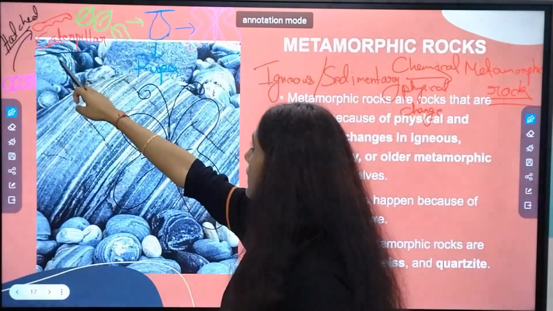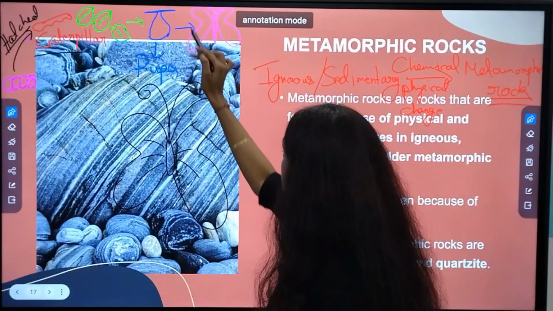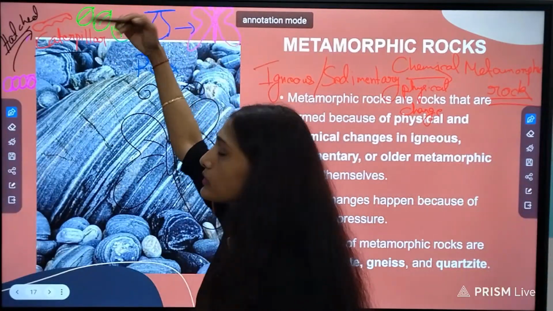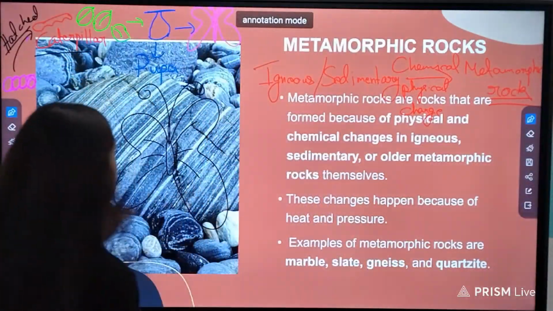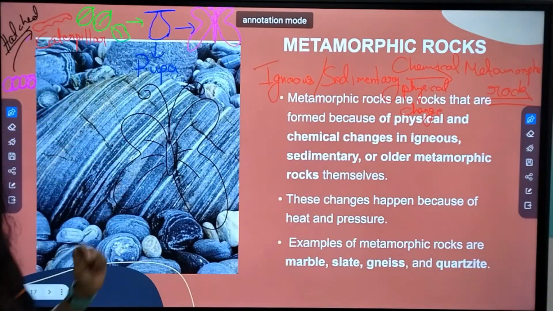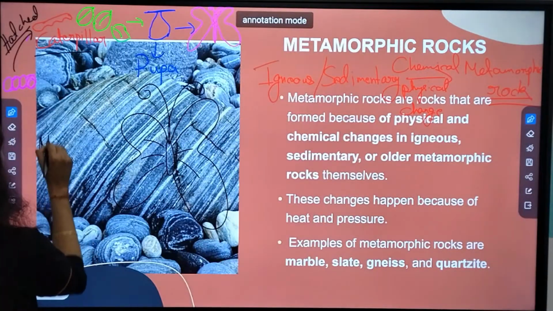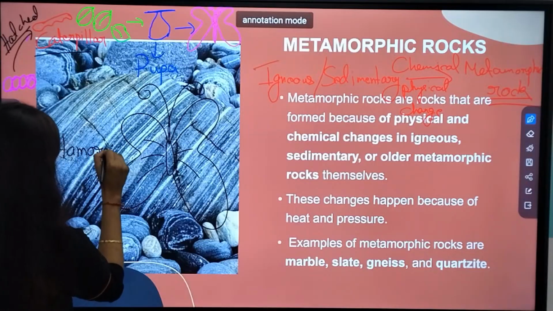Okay, its function was different. Even from this butterfly, it cannot go back to caterpillar, right? So this process of the formation of butterfly from caterpillar is known as what? You have read this. It is known as metamorphosis.